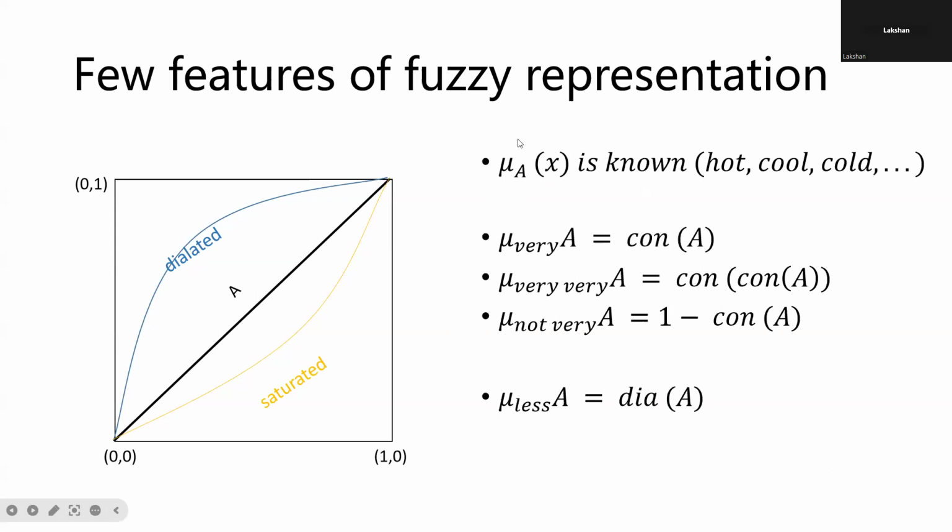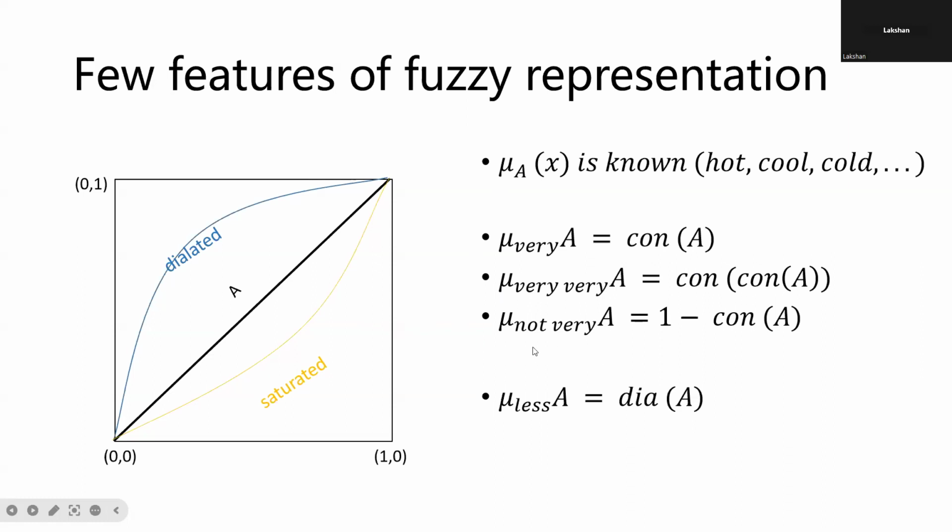So we have memberships such as hot and cold. If you want to say it is very hot, the part you have to use is concentration. And if you say it is very, very hot, that means it is even hotter than concentration, so again you use concentration like this.